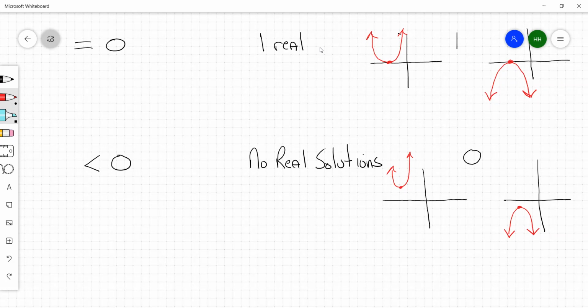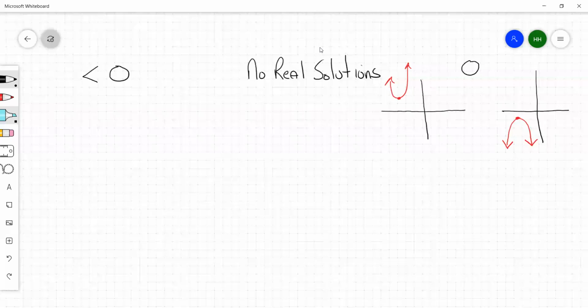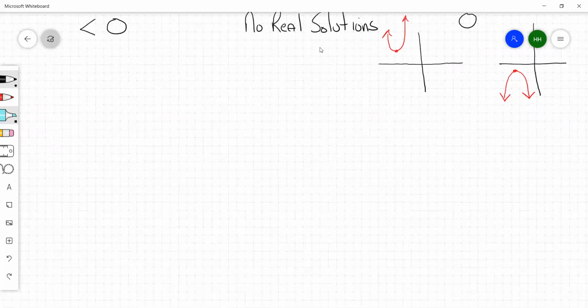All right, here's what you'll be asked today. Let me make sure the wording is the same. Find the discriminant.